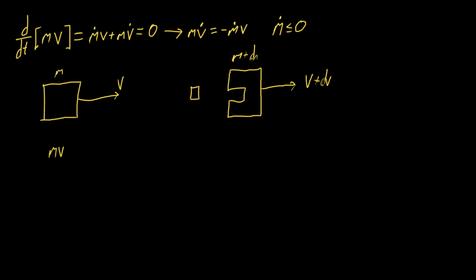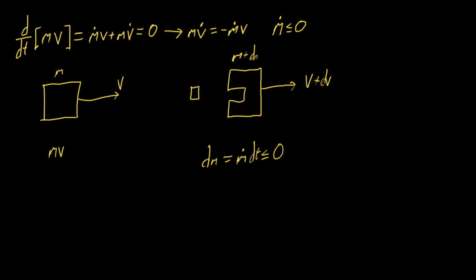You may be wondering, why am I adding dm if we clearly are losing mass? That's because of the condition that m dot is always less than or equal to 0. You can think of dm as being equal to m dot times dt. And so as you can see, if m dot is always less than or equal to 0, that means dm is always going to be less than or equal to 0.